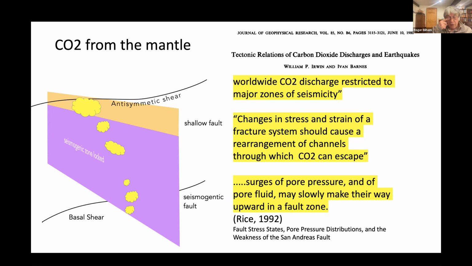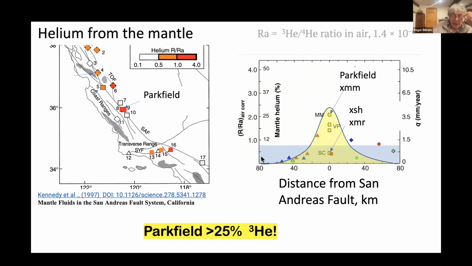Now, Jim Rice quantified this a bit by looking at the processes that might be involved, and he came to the same sort of conclusion, that pore fluids may start at the base of the seismogenic zone and work their way up to the surface. It's not just CO2, of course. It also applies to helium.